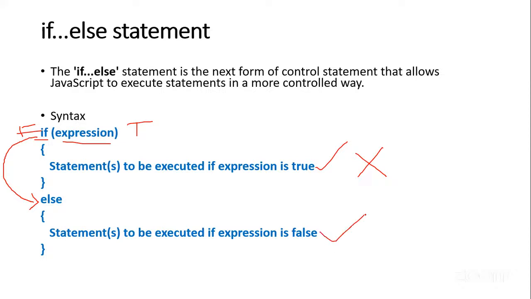So the user will get clarity in both cases. For example, he's trying to enter a PIN number in the ATM machine, let us say. Whenever the user enters a valid password, obviously the transaction goes to the next step. If the password entered by the user is wrong, that person must get some error information.